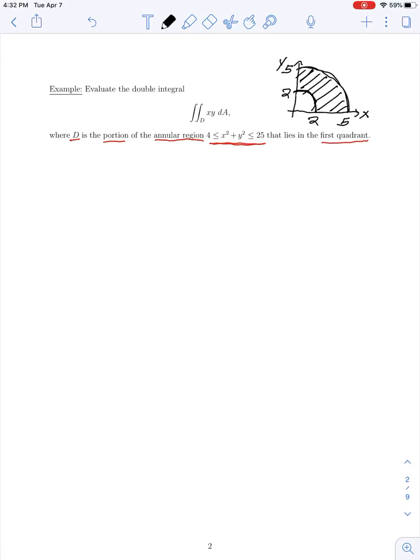So let's think about how we could describe this region. We see, based on the way it looks, it is bounded by circles. It probably wouldn't be very easy to describe in terms of rectangular coordinates, but if we make use of polar coordinates, it's much easier to describe.